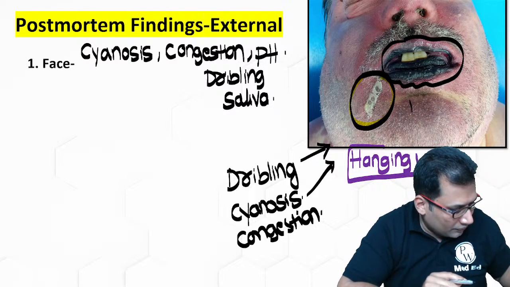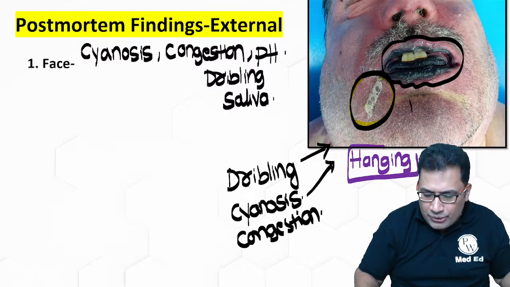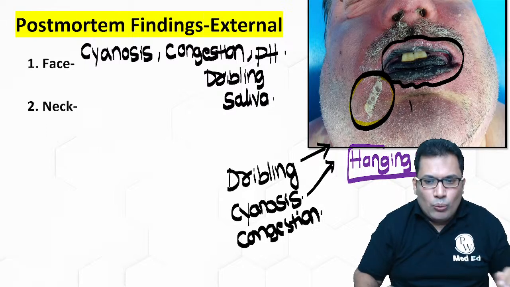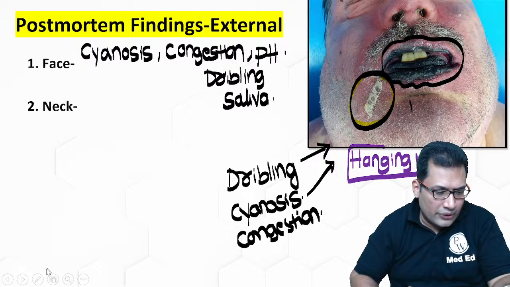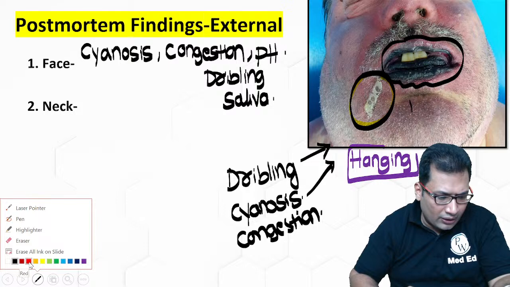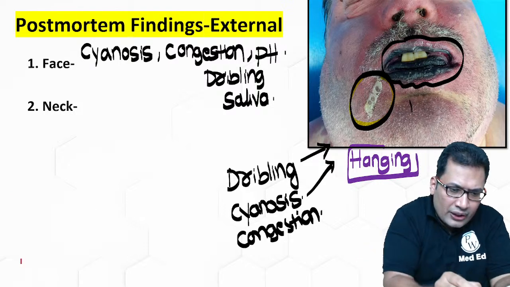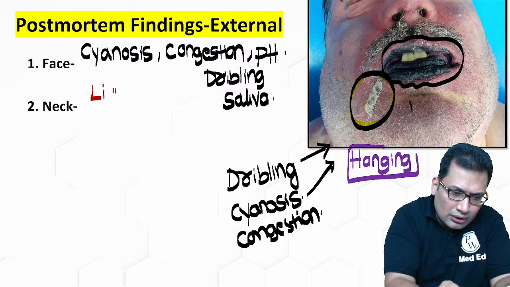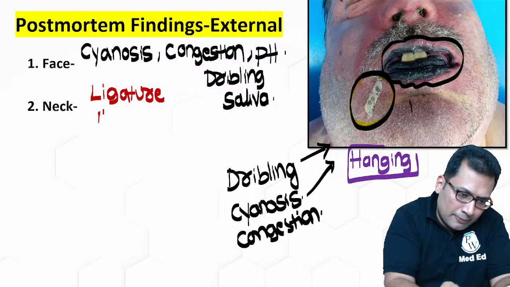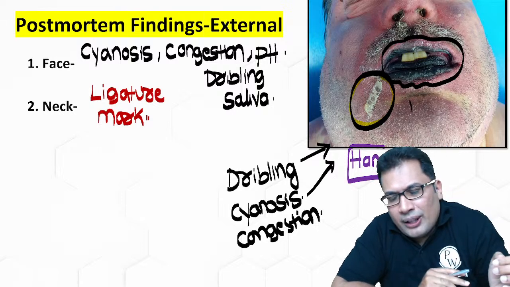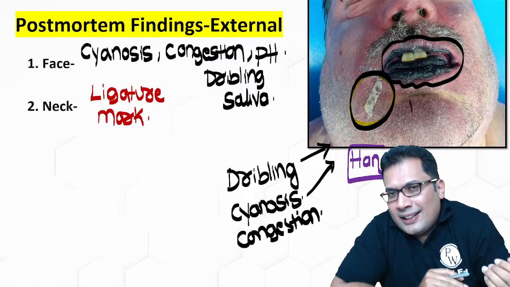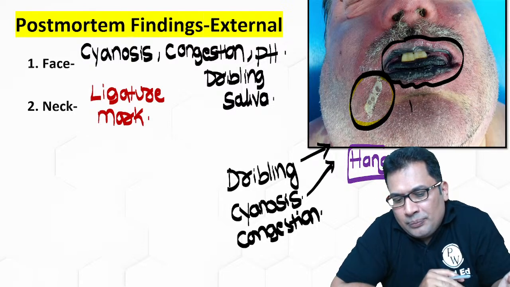Good. Then comes your neck. What is the finding over the neck? The very important finding is ligature mark. What is the appearance of ligature mark? Is it oblique or transverse, guys?